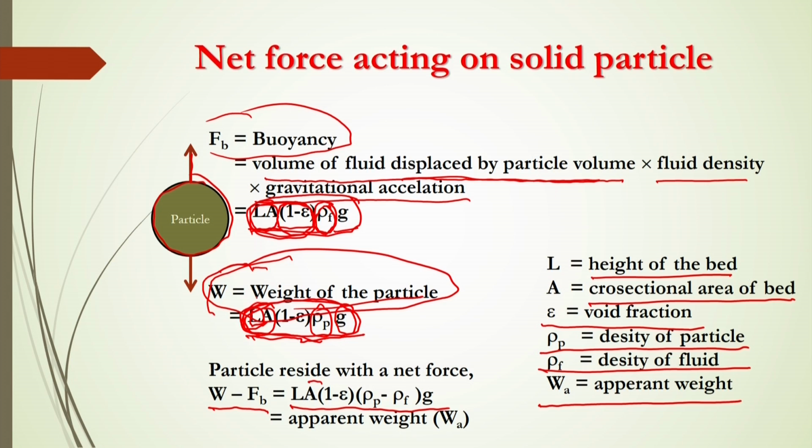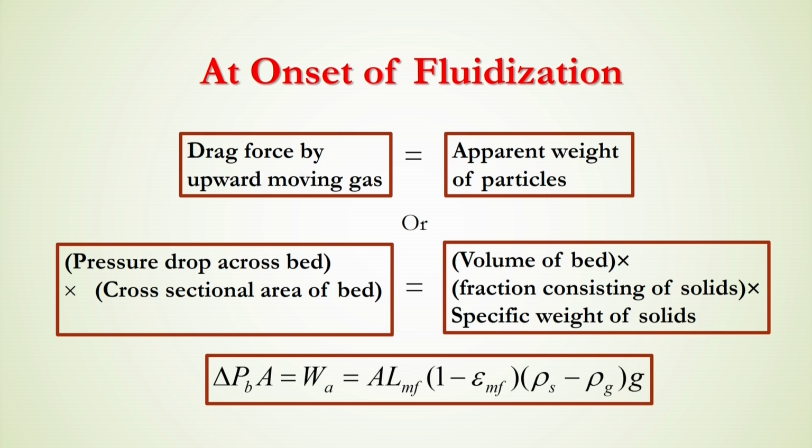You just subtract the buoyancy force from the weight, and you will get the apparent weight. So the apparent weight is L A times (1 minus epsilon) times (rho p minus rho f) times g. And from this apparent weight of the particles, you will get the minimum fluidization.